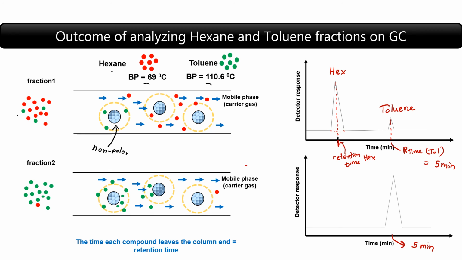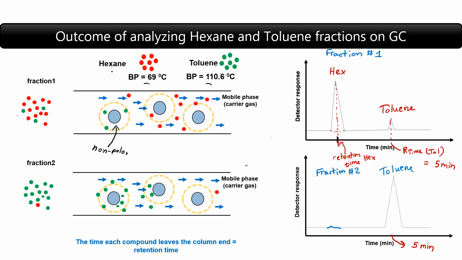So this is what we hope to see in our results. For fraction 1 graph, we expect to see a lot of hexane, a little bit of toluene maybe. For fraction 2, we expect to see a lot of toluene and almost little to no hexane.